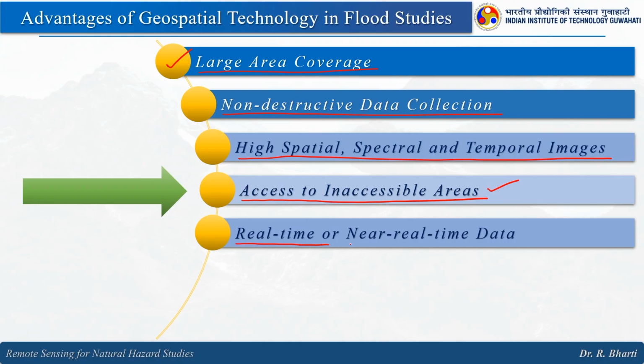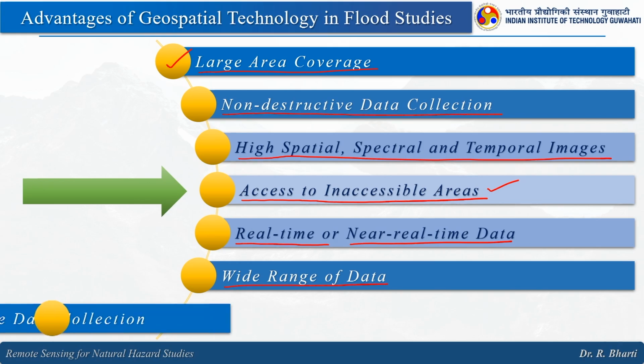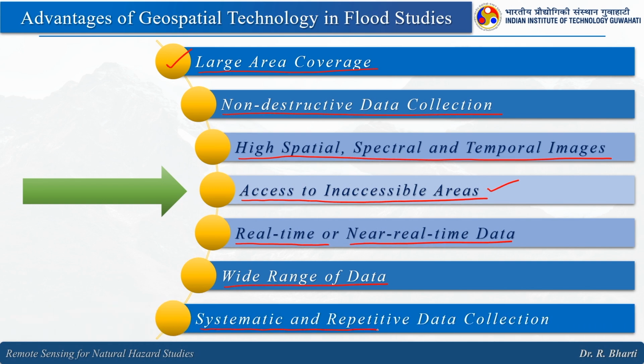Then real time and near real time data can be acquired, and if the sensor is active, it is continuously capturing and putting them into the archives. And the wide range of data, here we are having optical, microwave, lidar, UAVs, everything are involved in this particular thing. And the systematic and repetitive data collection.